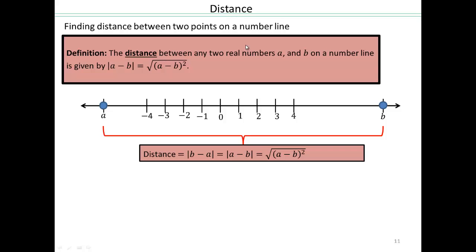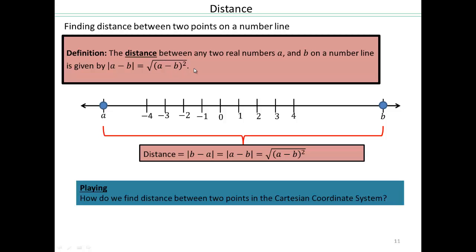So in general, if you have two real numbers A and B on a number line, formally then, the distance between any two real numbers A and B is given by the absolute value of A minus B, which is the same as the square root of (A minus B) squared. So how do we extend this to the Cartesian coordinate system?